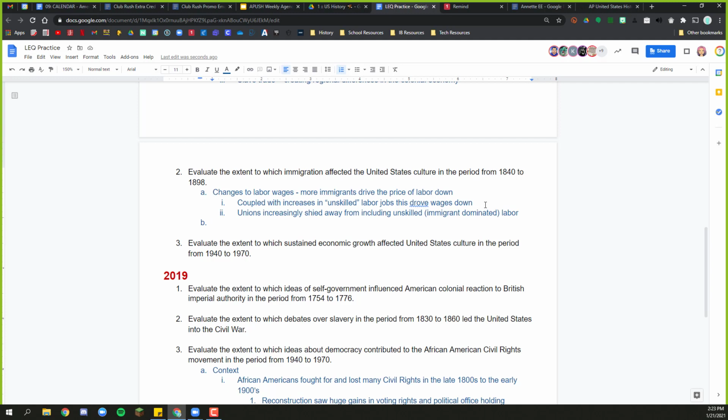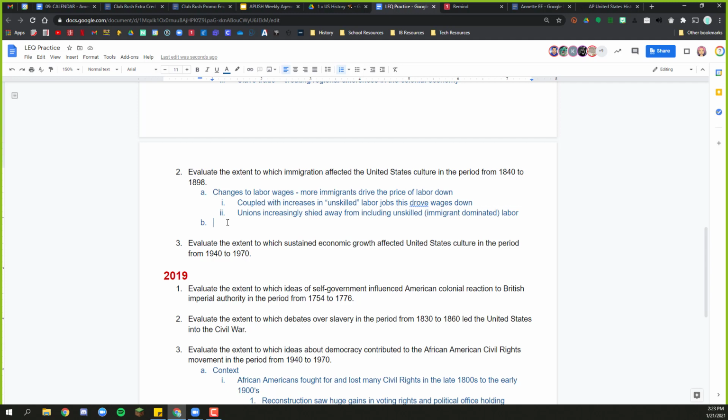So I would be looking at how there's a massive number of immigrants coming in, and because that coincides with those new factory jobs that are unskilled labor, it has the tendency to drive wages down, and because of that, unions increasingly stop supporting that unskilled labor, which has a negative impact on immigrants.